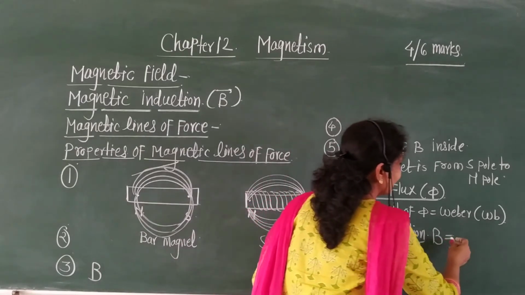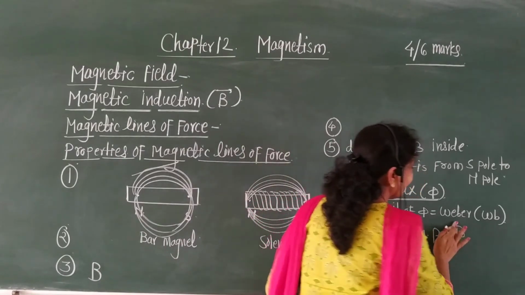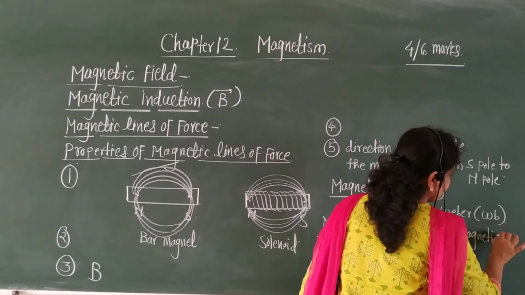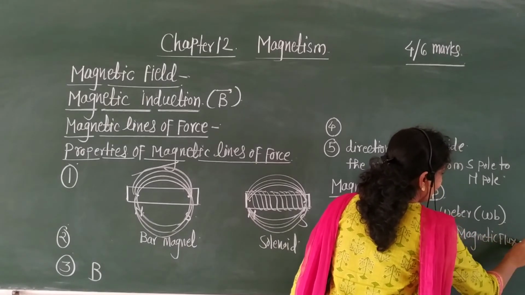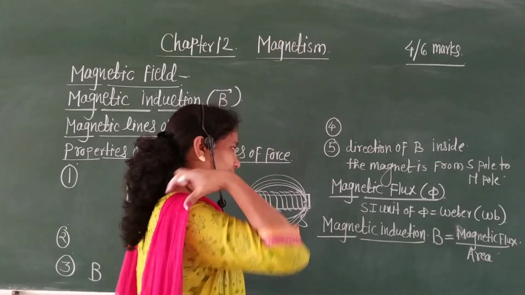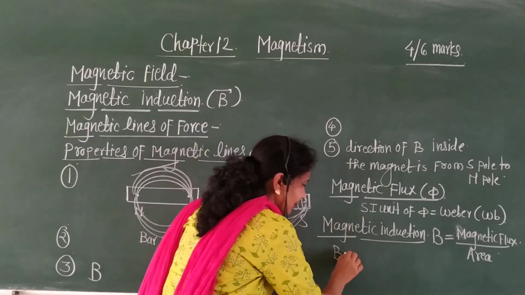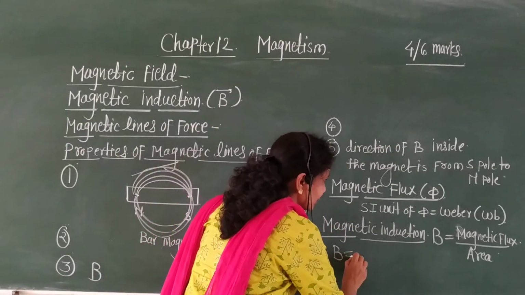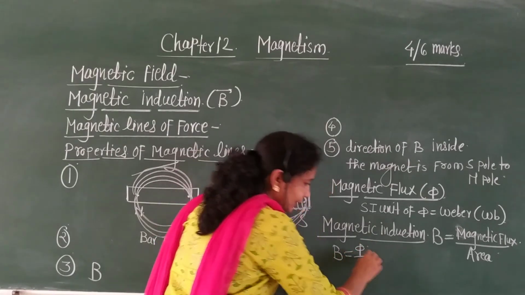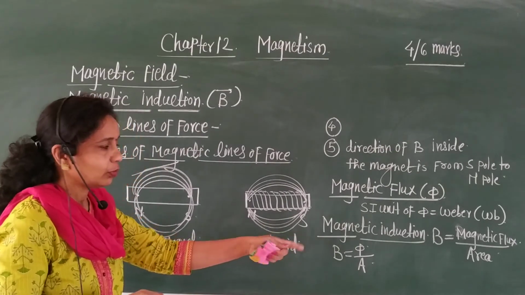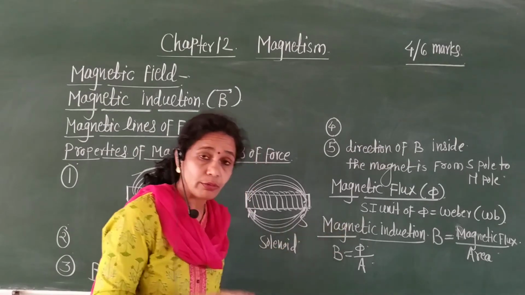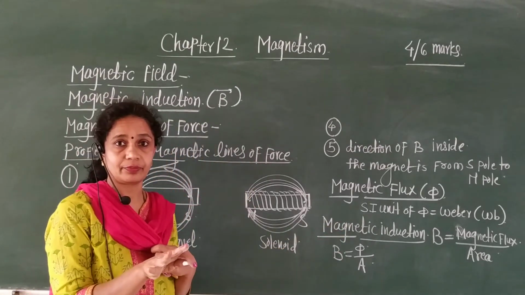Therefore, magnetic induction is equal to the magnetic flux per unit area. Therefore magnetic induction is capital B, capital B is equal to the magnetic flux phi, A is area. Therefore B is equal to phi upon A.